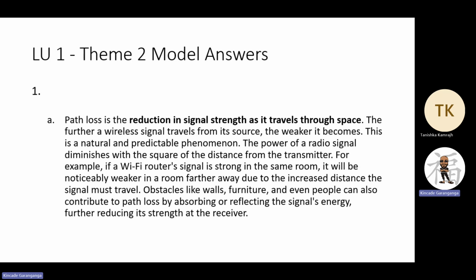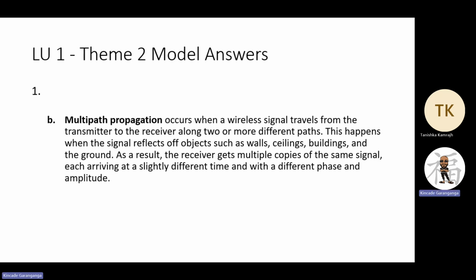So anything that can be reflective when it comes to the signal at large can cause issues in that particular setup. And if you look at what we've got on screen, that's the generic answer.